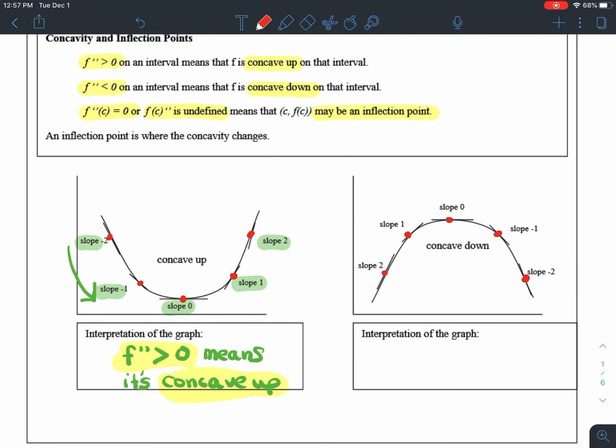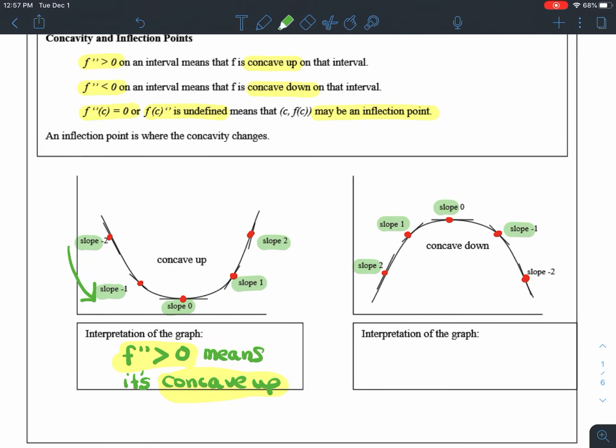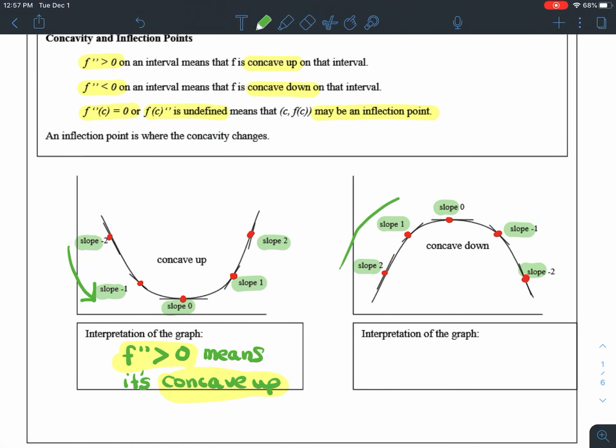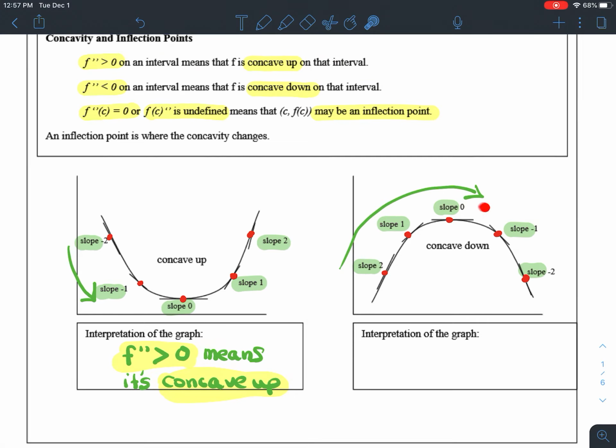So let's look at the same thing over here. Again, we're just looking at these 5 points. Clearly, this graph is concave down. If you look at the slopes, you can see what is happening to the first derivatives as we travel from left to right. Now the slopes are big, but they're getting smaller as you go from left to right. So I'm going to describe here my second derivative is less than 0.